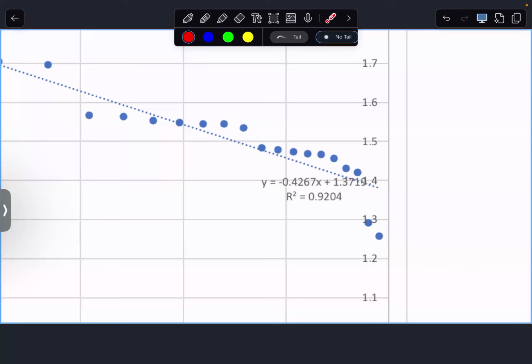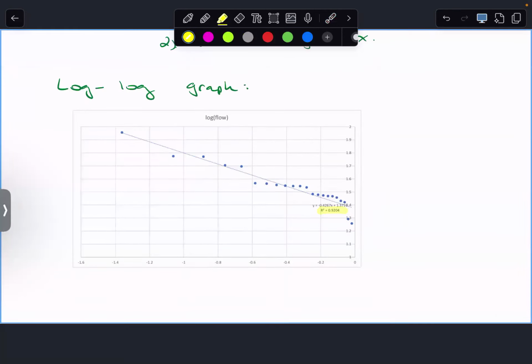And so then you can play around with those. Notice that our r squared has increased by quite a bit, and it looks relatively linear, not beautiful, but kind of linear. The r squared actually tells us something. 92.04 is really high. You want to have an r squared as close to 1 as you can, but 0.92 is really high, so I'm happy with that.